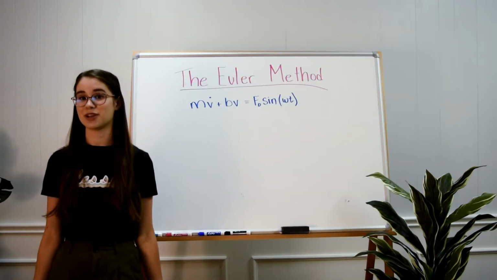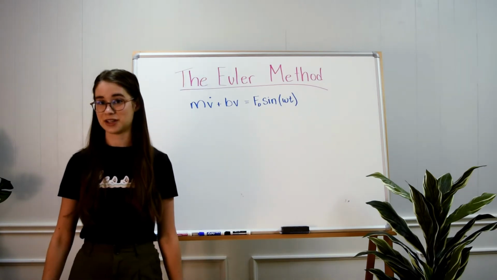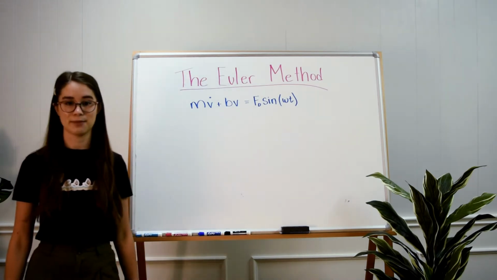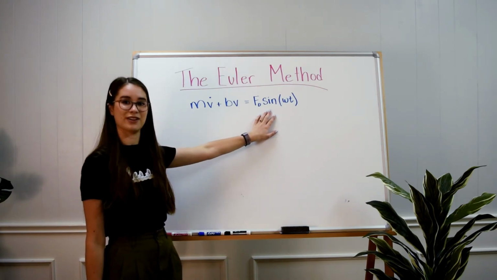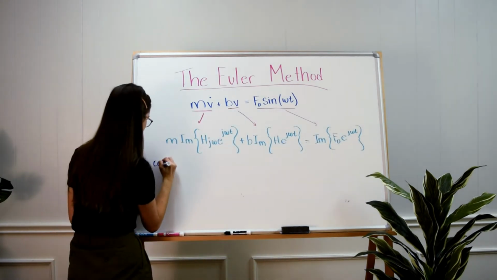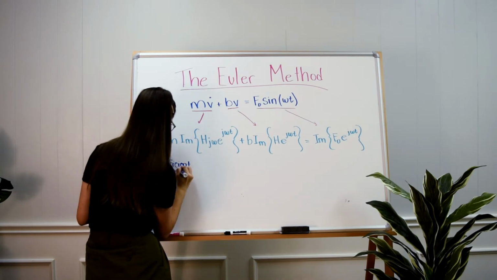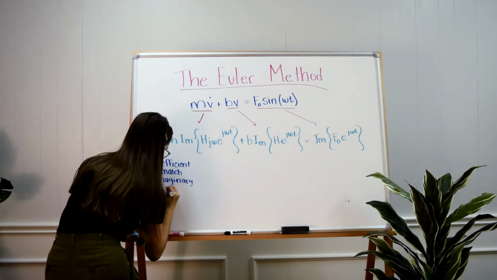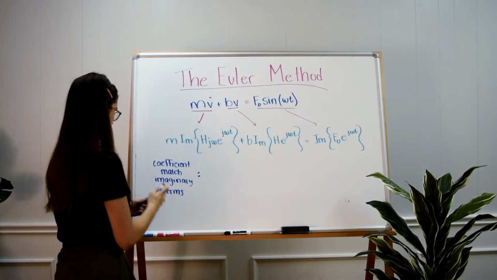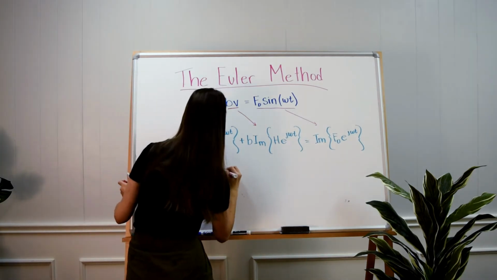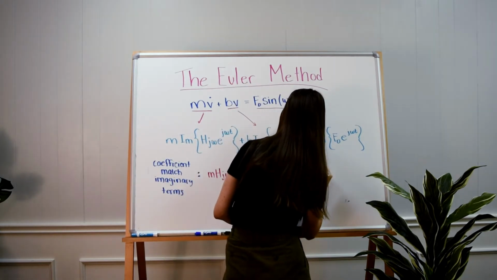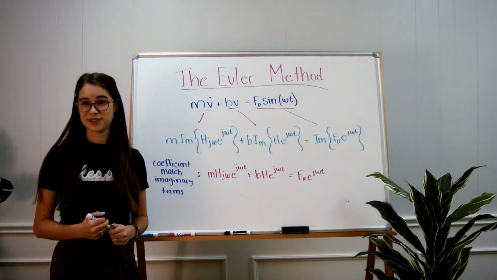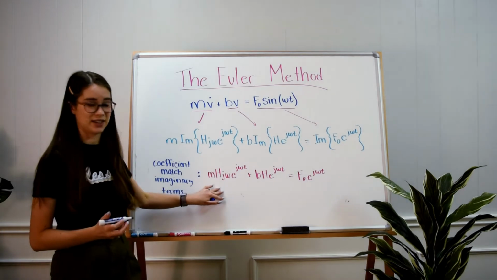Okay, for step 3, we now need to take all of our Euler's identity pieces we just found and plug them back into our original equation. Then we can coefficient match to find the value of h. Now, as you can see, the nasty stuff is going to cancel out.